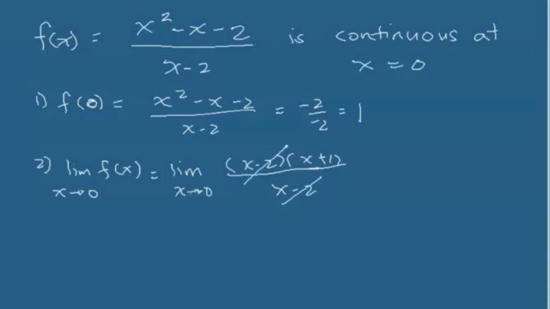We can cancel this, so the limit as x approaches 0 will be x plus 1. By substitution, this is equal to 1.